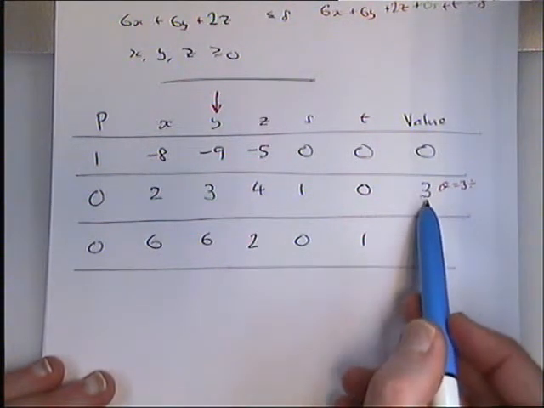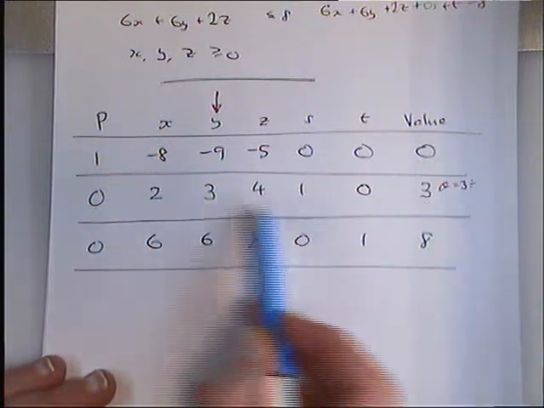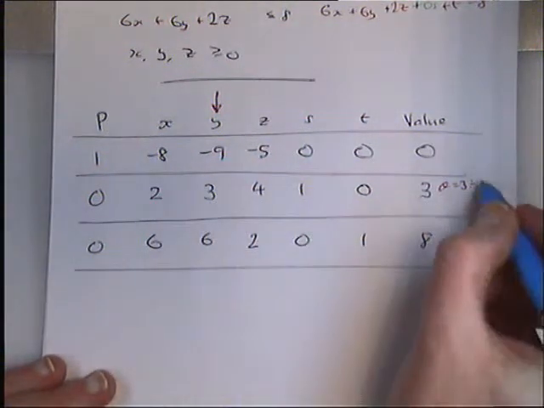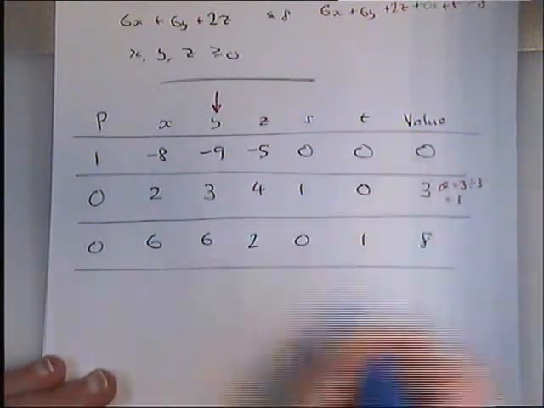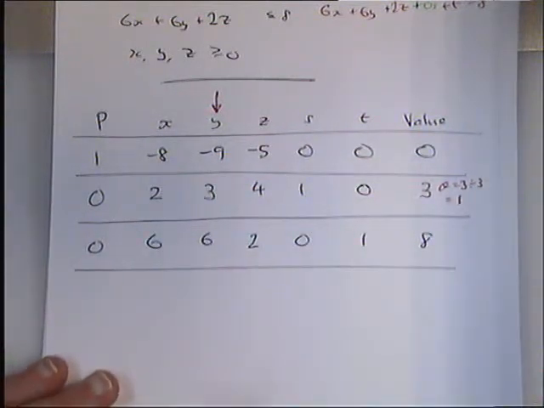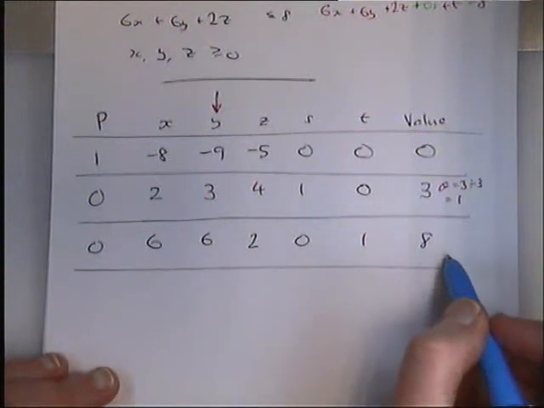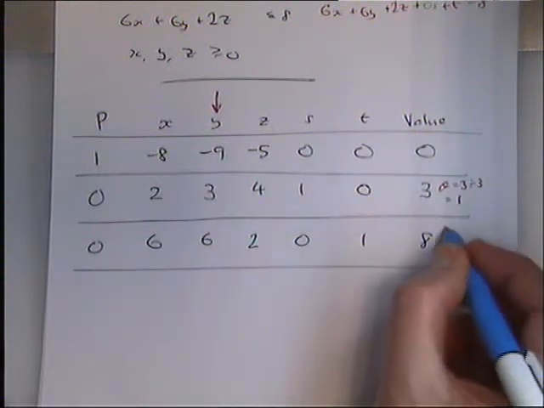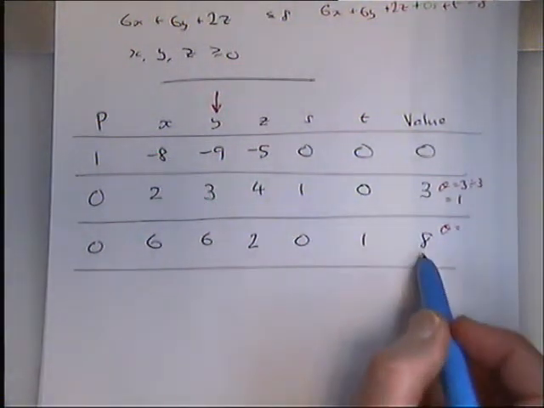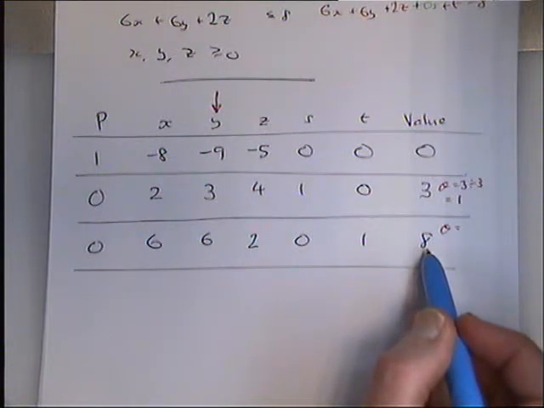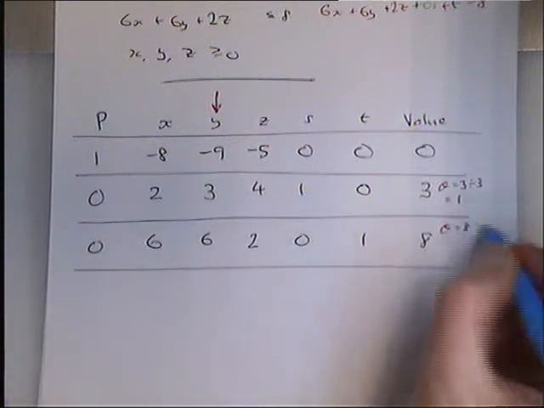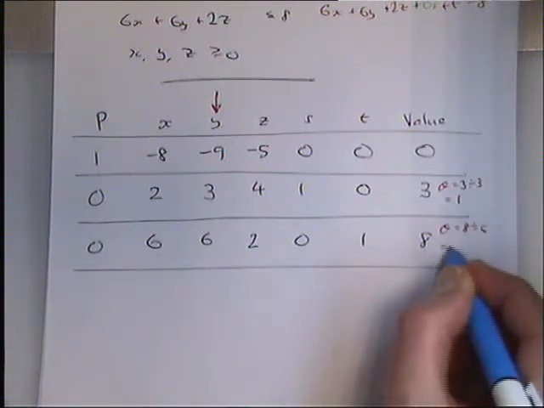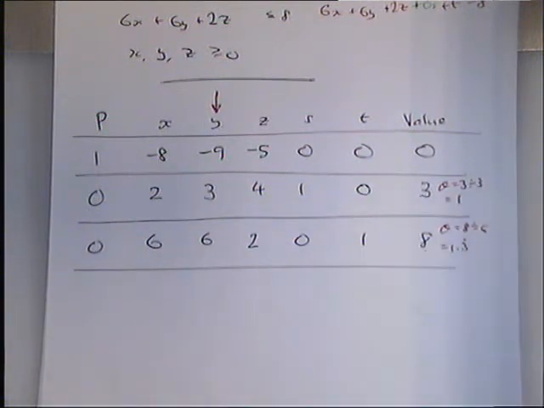Yeah. It's the value at the end divided by the value in the pivotal column. So here it's this 3 divided by that 3, so it's 1. Harriet, what will theta be in the bottom row? 8 over 6. Yeah, it'll be 8 divided by 6, which is 1.3 recurring.